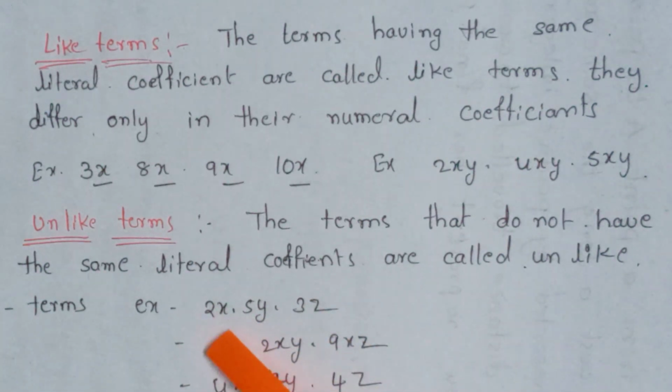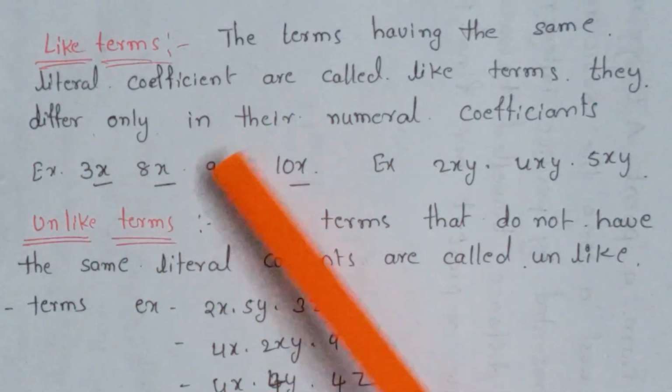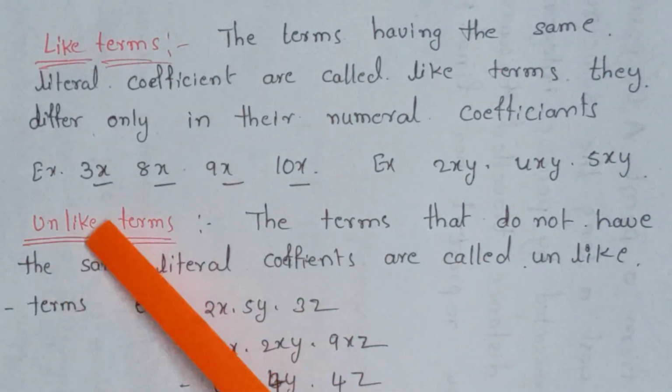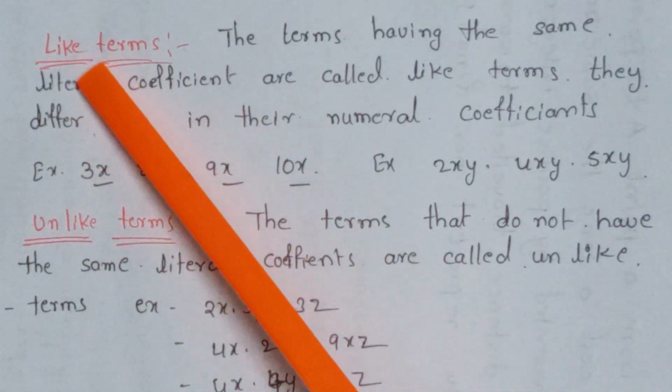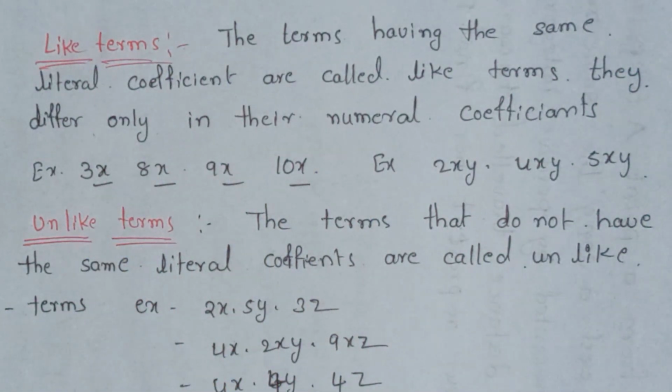In like terms the literals are the same, like x, and here xy, xy. But here the literals are different: here x, y, here z. Here x, 2x, xy, here x, y, z. Different literals are there, that is unlike terms. Same literals are there, those are like terms. Like terms have the same literals, unlike terms have different literals.